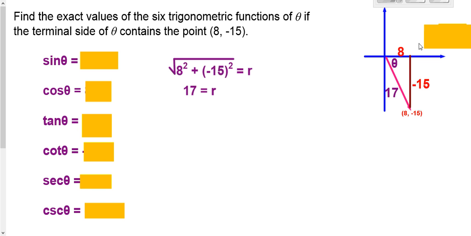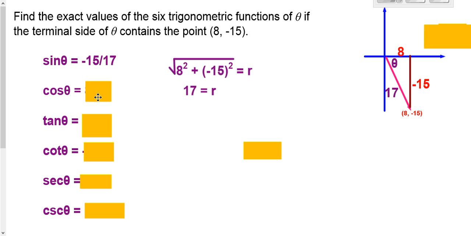Whether you use the trig functions of cosine being x over r and sine being y over r, or use SOHCAHTOA, it does not make a difference. If we were looking at sine, sine would be opposite, which is our y value, over our hypotenuse, which is your r. You would need to write sine of theta equals, and then put your answer down.